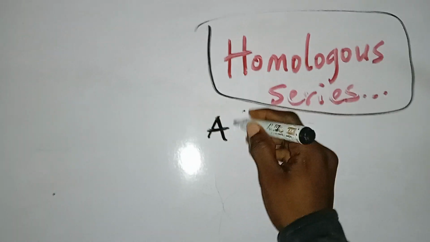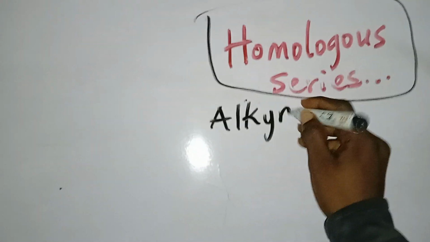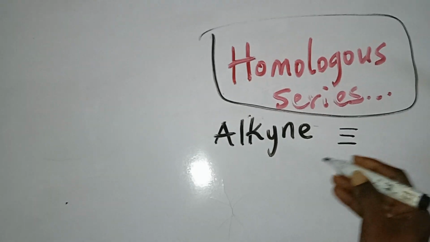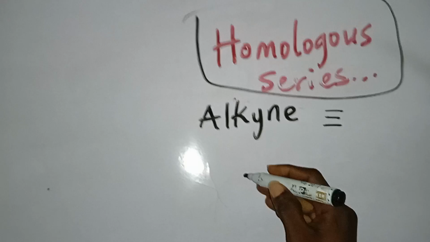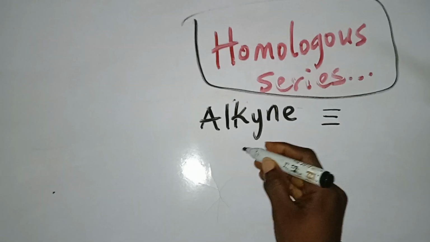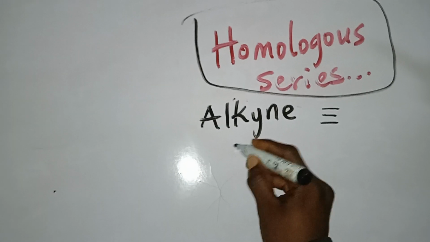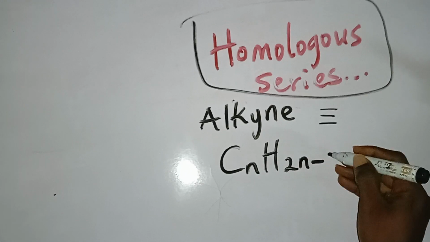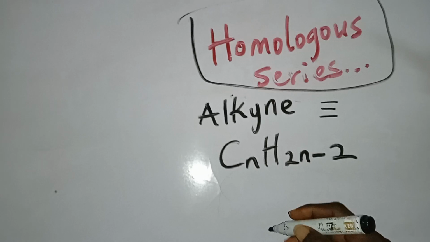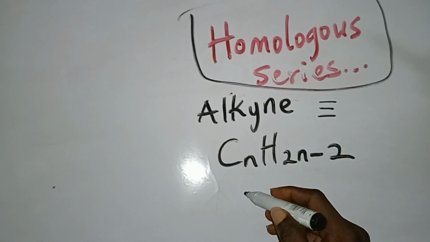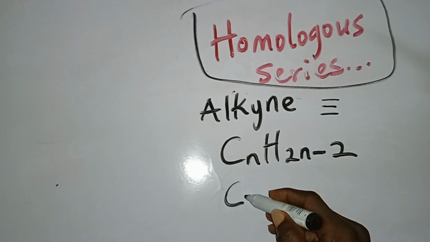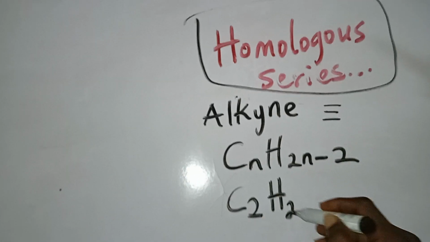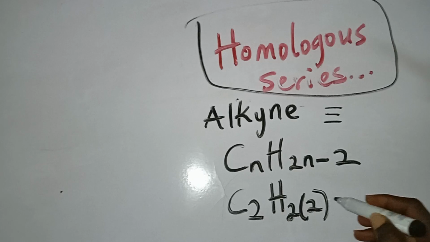Now for the alkyne, this is triple bond. Alkyne means triple bond. For the alkyne, we're simply going to have CnH2n minus 2. This is the family formula of alkyne, which means that if I have 2 carbons, I will now have H2n, where the number of carbon is 2, minus 2.